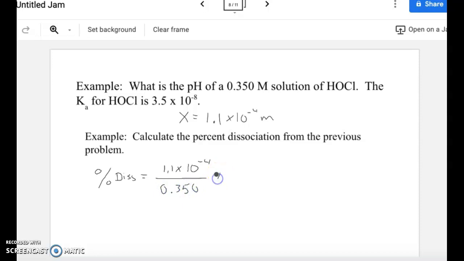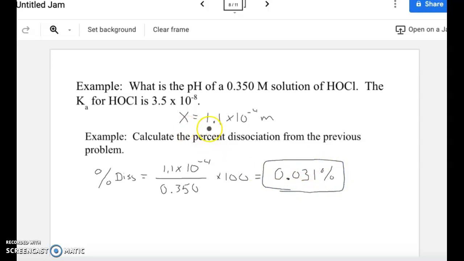And we're going to multiply that by 100 to get a percentage. And we end up with, we want 2 sig figs, so it's going to be 0.031%. Okay? All right, so that's how we do percent dissociation.